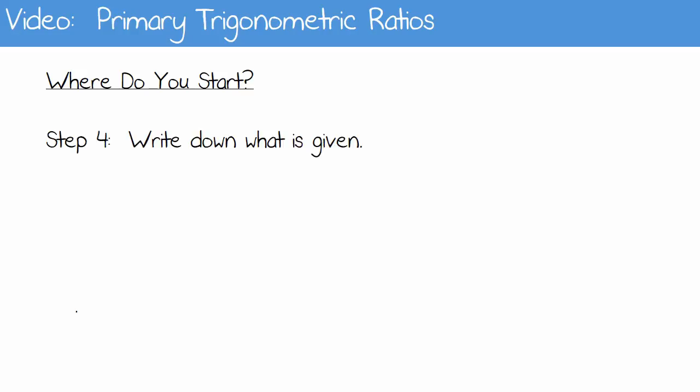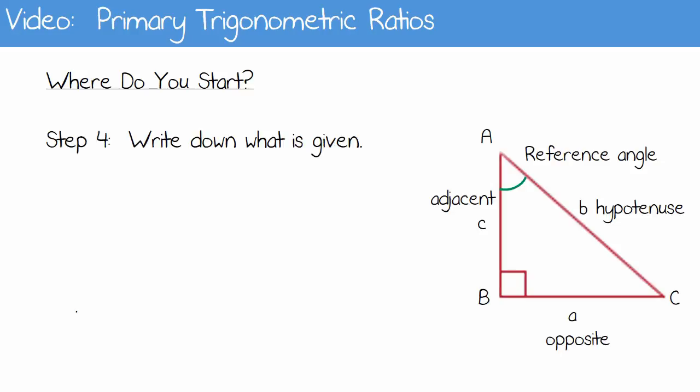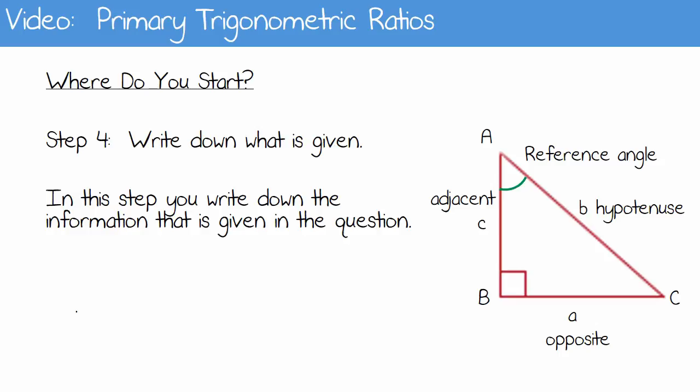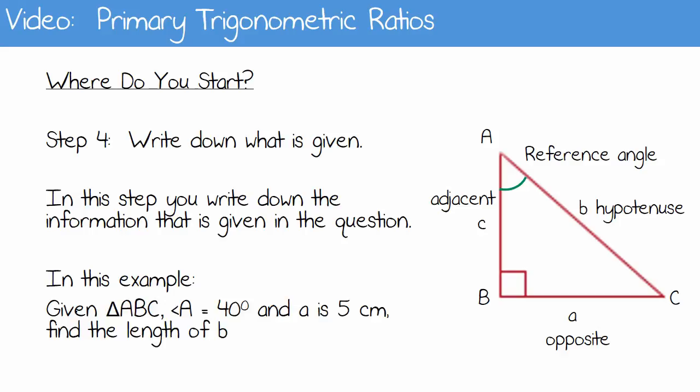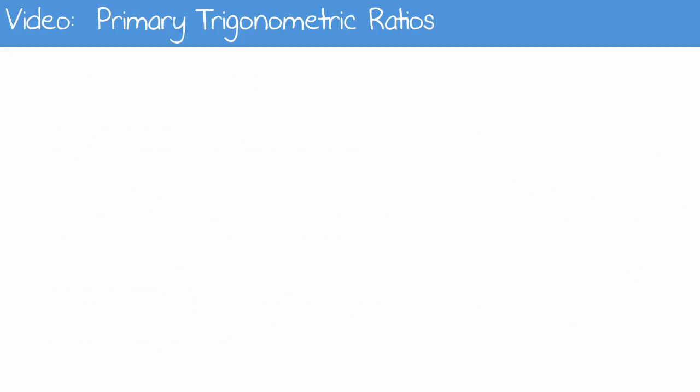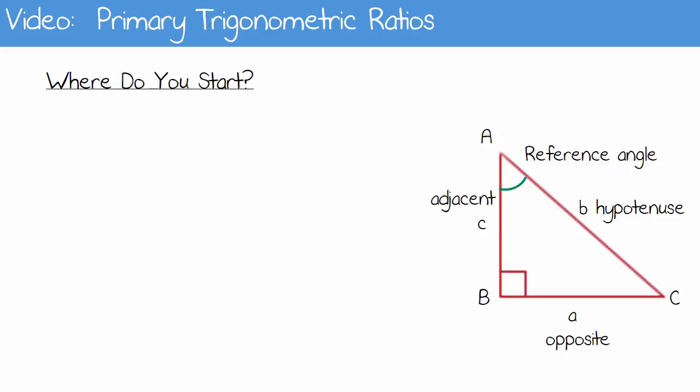Step 4, write down what is given. In this step, you write down the key information that is provided or given in the question. In this example, given triangle ABC, angle A is 40 degrees, side a is 5 centimeters, find the length of b. Where do you start?